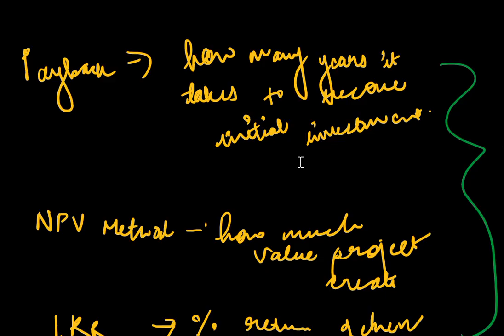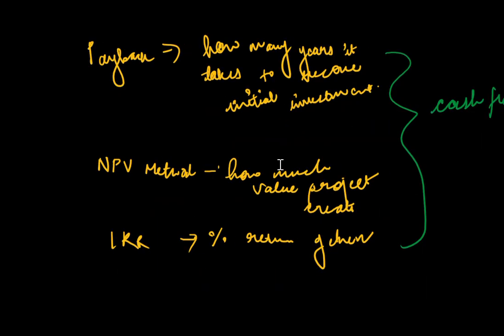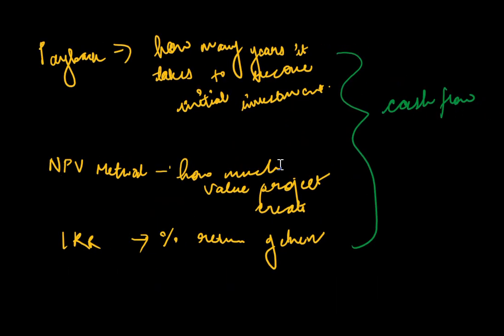We need to know what we have learned earlier so that we can understand what is different here. Payback period method tells us how many years it takes to recover the initial investment. NPV method tells us how much value a project will add. And IRR method tells us the percentage return generated by a project.